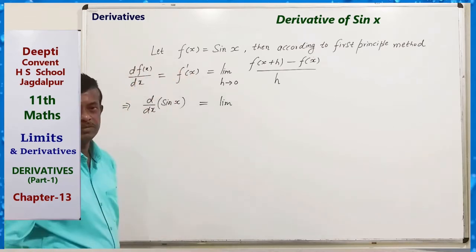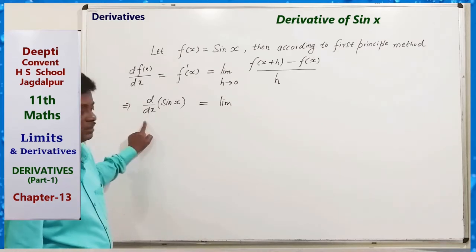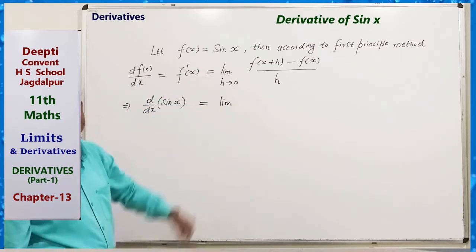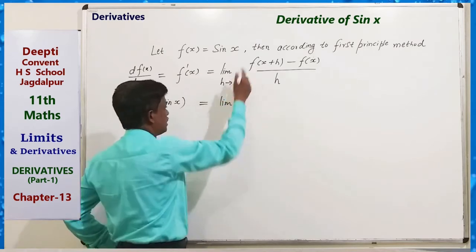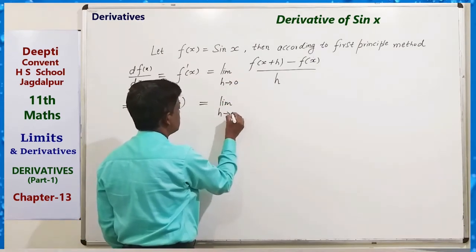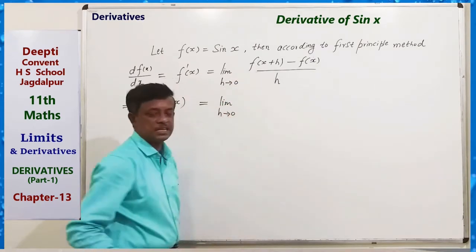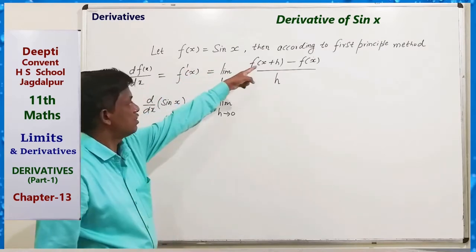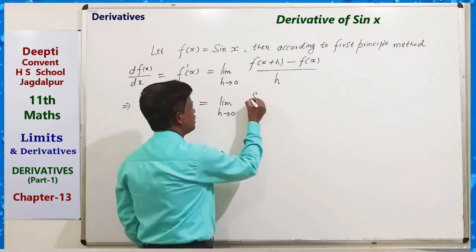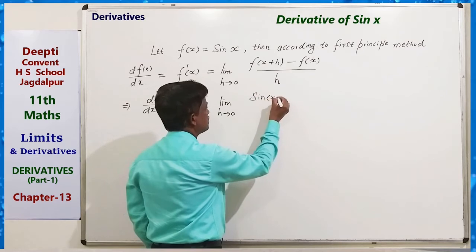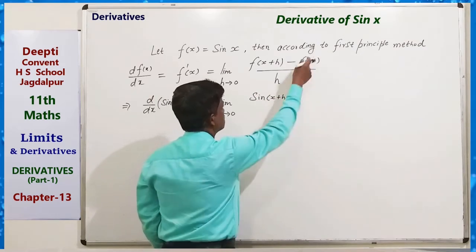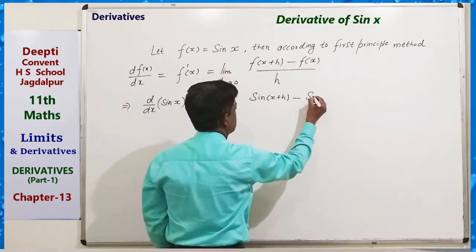These are the same. d by dx sin x. f(x) means sin x, so just use sin x here. So limit h tending to 0, f(x plus h) minus f(x). f(x) equals sin x, so f(x plus h) equals sin(x plus h), minus f(x) which is sin x.